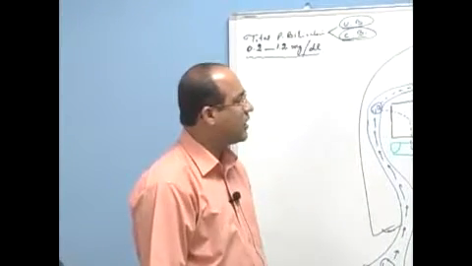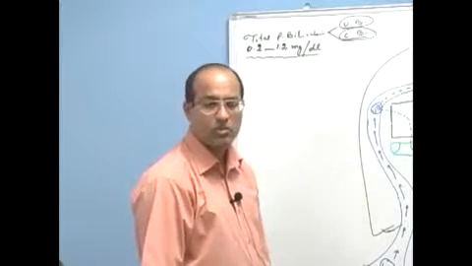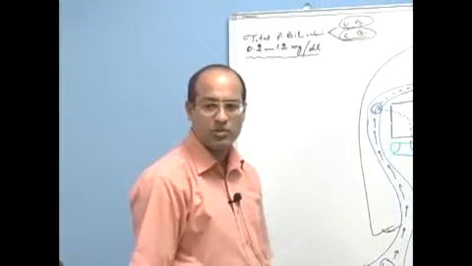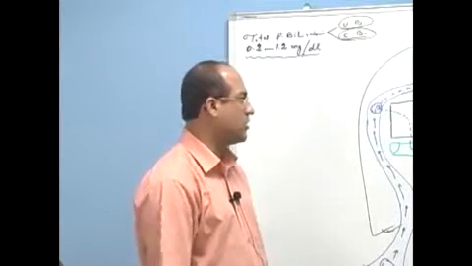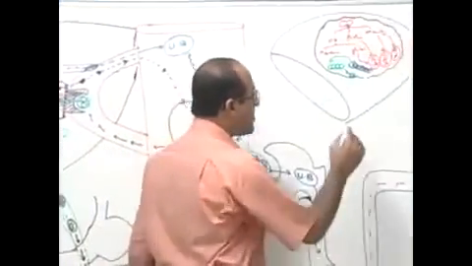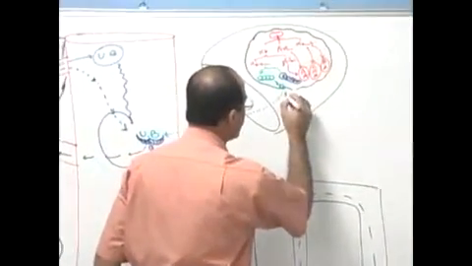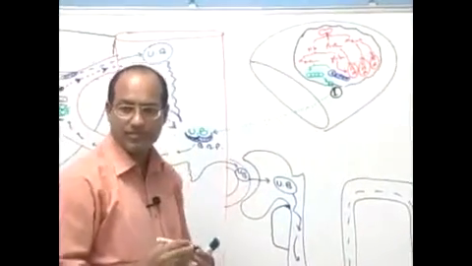Now, let's talk about why hyperbilirubinemia develops and what causes lead to unconjugated hyperbilirubinemia and what causes lead to conjugated hyperbilirubinemia. We start from this side. One mechanism may be excessive release of unconjugated bilirubin to circulation.